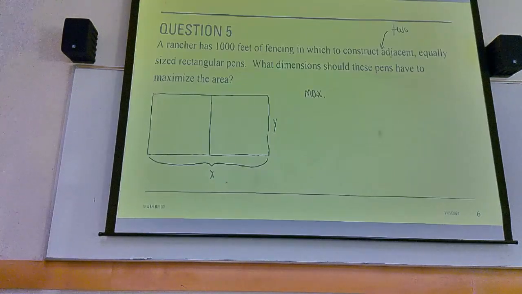So that would be 1/2 x times y times 2. Not times two. Added to it. That was just one, because each pen needs to be. It's asking for the dimension of each pen, which is why we're trying to maximize. At the end, whatever value for x you get, you have to divide by 2.